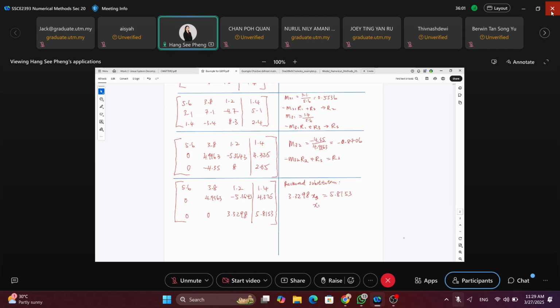So solve for X3. Next, solve for X2. Put in the X3 here, find the X2. Then find the X1.